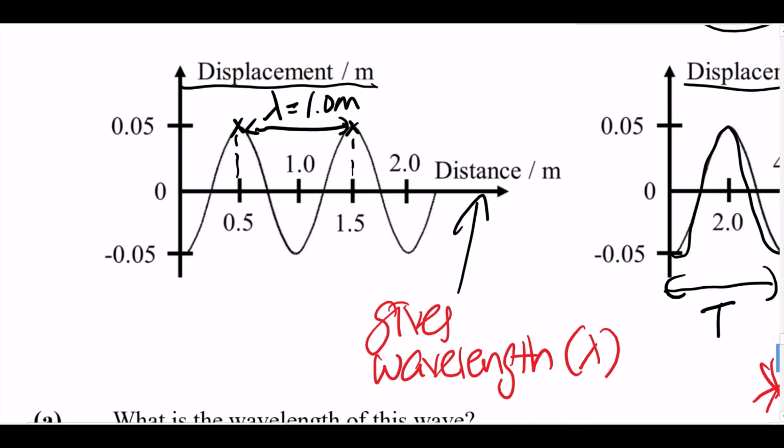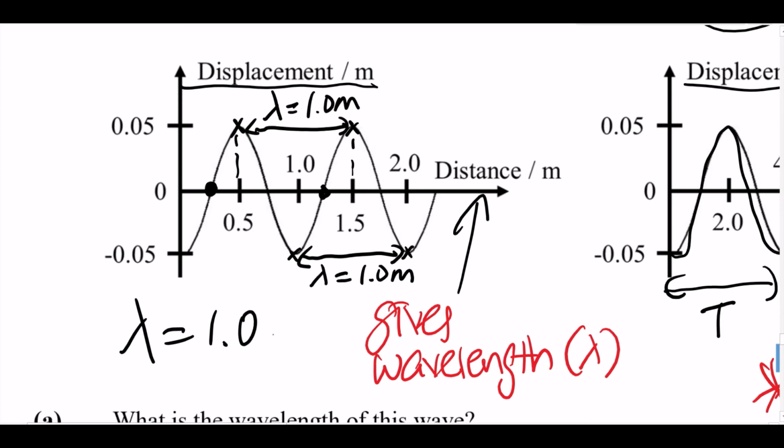Or the other way is between two troughs. From 1.0 to 2.0, you also realize that the wavelength is 1.0 meters. Of course, you can try the third way on your own, for example from here to here. You should get the same result. Either way, the information we obtain from this graph is lambda, the wavelength, equals 1.0 meters.